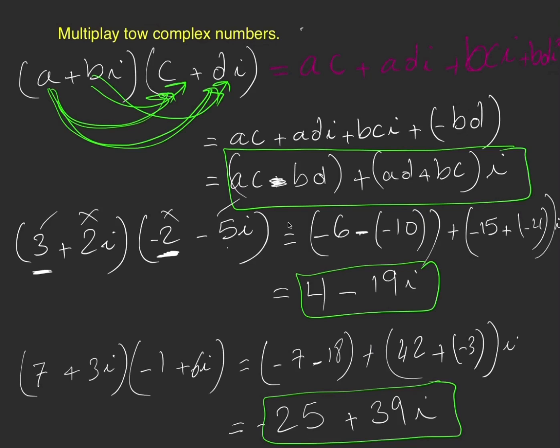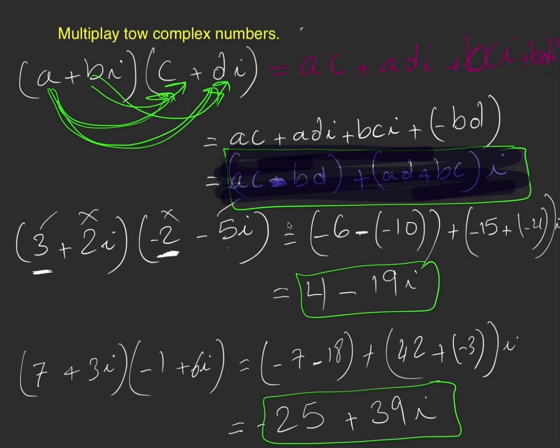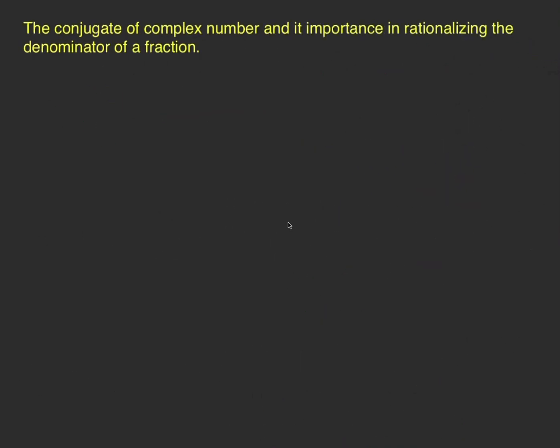If not, you can always use this formula here, and you know that a is the first letter and so on. The conjugate. What is a conjugate of a complex number and what is it used for? So we have, for example, z equal to a plus bi, and the conjugate is going to be z with a line on top of it.